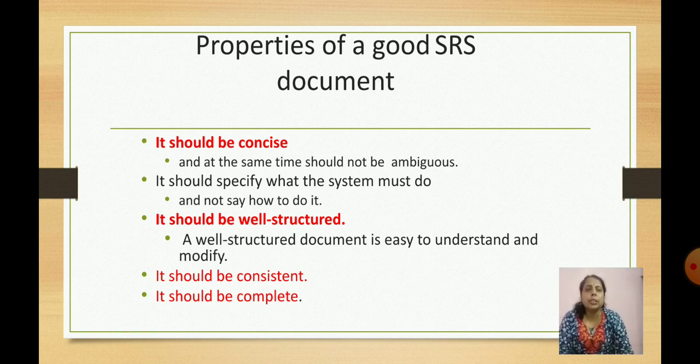First point is it should be concise and at the same time should not be ambiguous. It should specify what the system must do and not say how to do it.